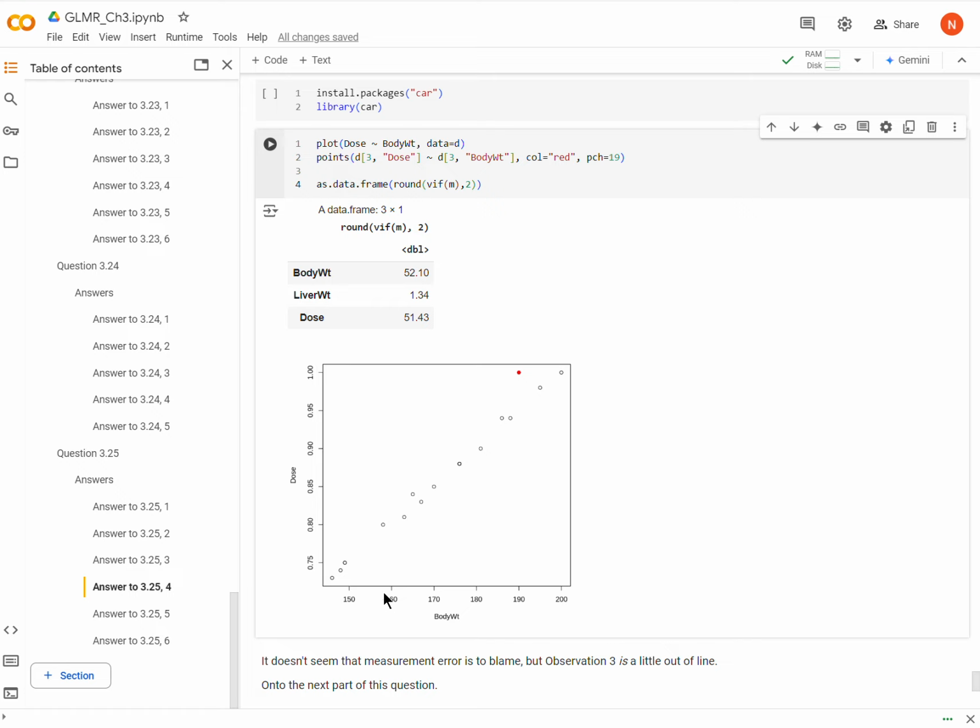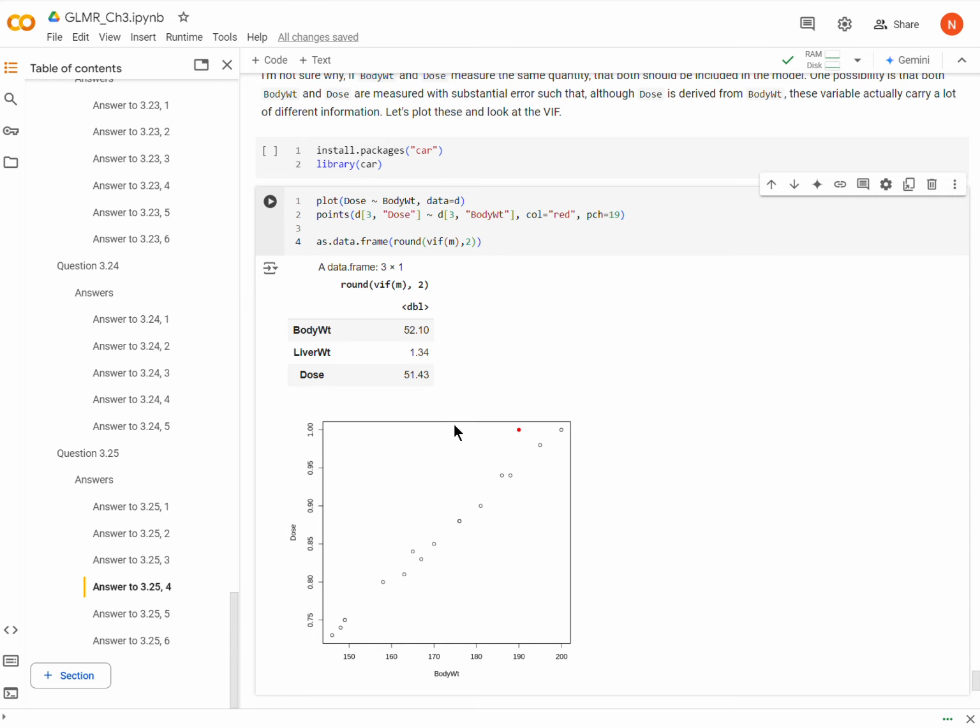If I plot dose against body weight, there is a very nice relationship here. But when I isolate observation 3, it does kind of fall off the beaten path a little bit. And so it could be that this guy, observation 3, rat 3, accidentally received a little bit too much.